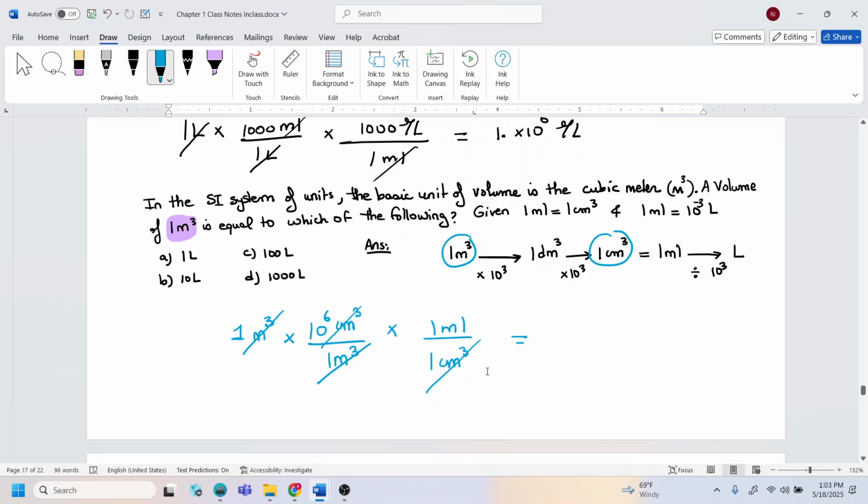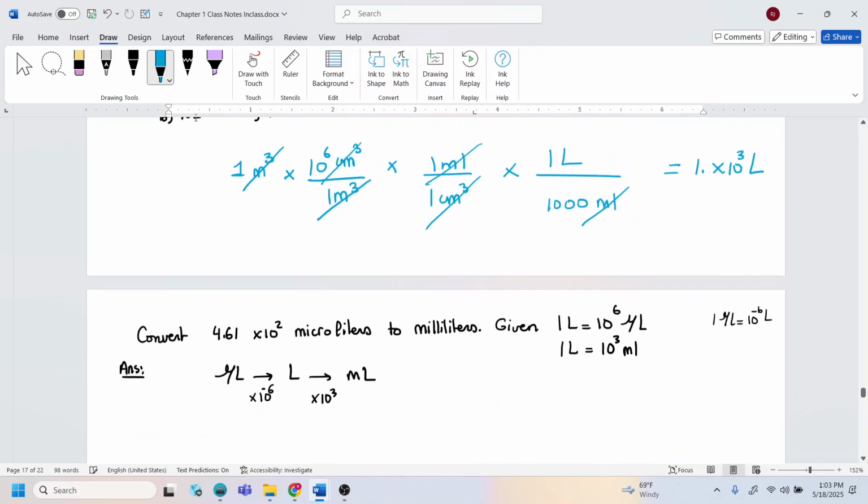But since my answers are in liters, I need to continue and change the mils into a liter. Since I need the liters, it needs to be in the numerator. That is equivalent to 1,000 milliliters. Here you go. And then my final answer is going to be 1 point times 10 to the 3 liter.